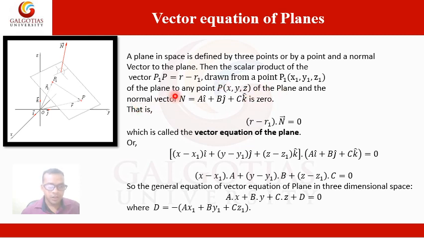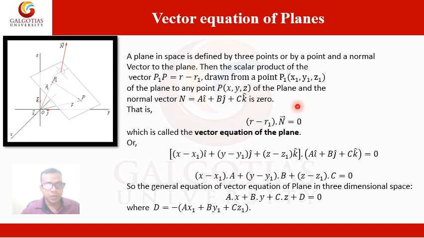And the normal vector n is what? N is your normal vector. I am giving a general form here, that is a i cap plus b j cap plus c k cap. The scalar product, that is the dot product, of these two vectors must be equal to 0 because it is perpendicular to the plane.